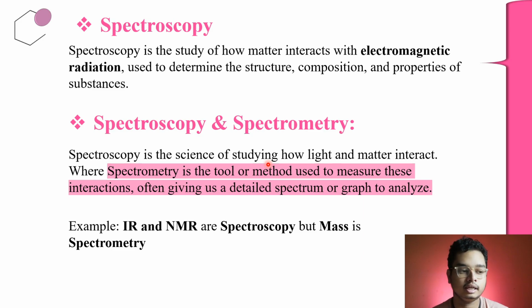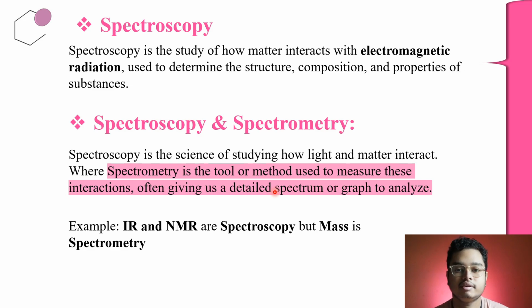Like, through a third-person observer, light is put on a particular matter, and we learn how the matter interacts. Whereas spectrometry is a tool or method or instrumentation by which scientists determine the quantitative changes in the matter. So spectroscopy is an empirical study, and spectrometry is the same thing but applying certain instruments to get the quantitative analysis of the light-matter interaction.